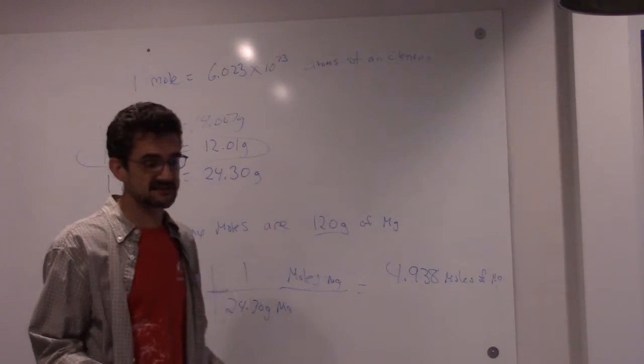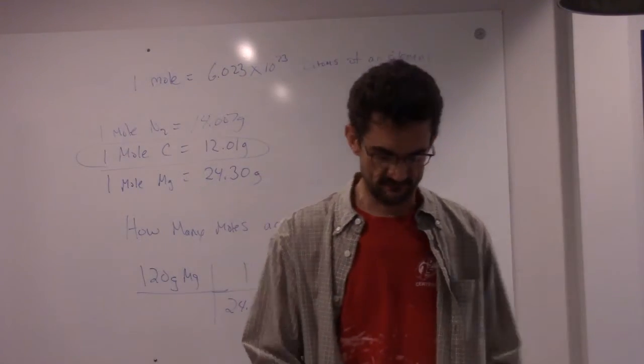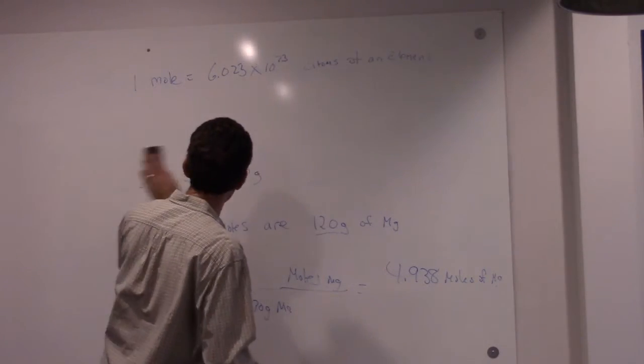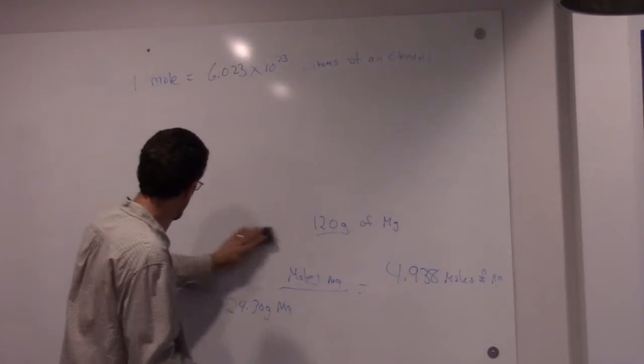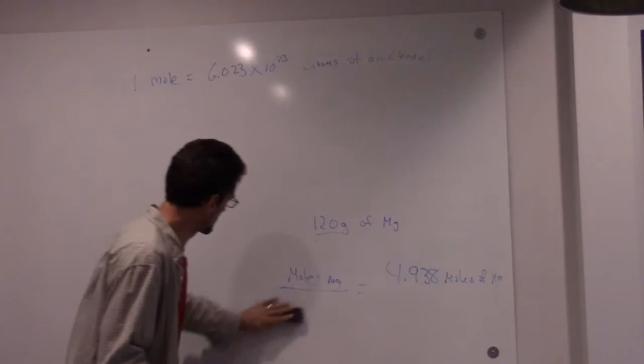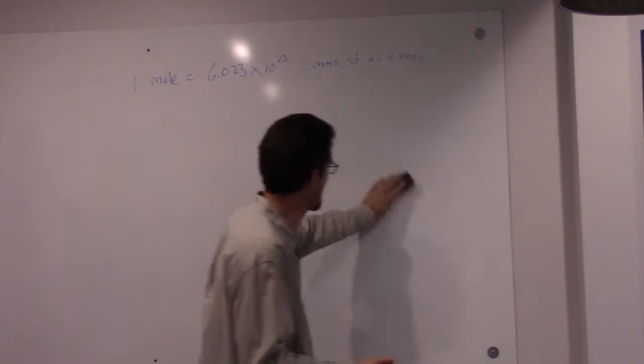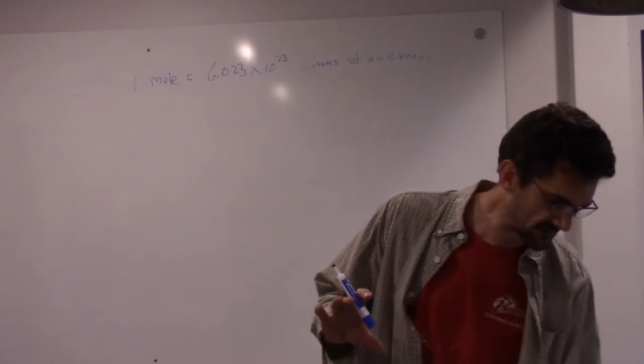Okay, so that's just basically atoms. But I know what you're saying. Mr. Mike, show us what we can do when we're dealing with real chemicals, when we're dealing with chemical reactions. Okay, I'll do that for you.